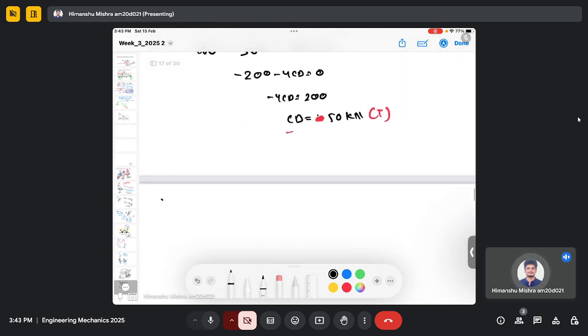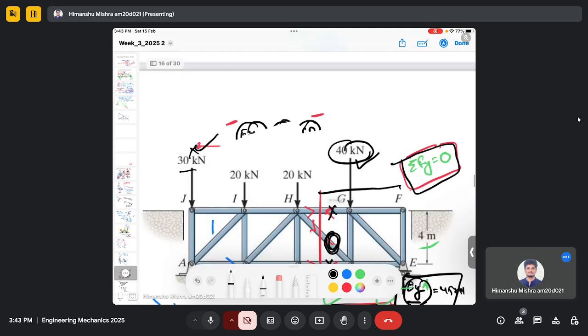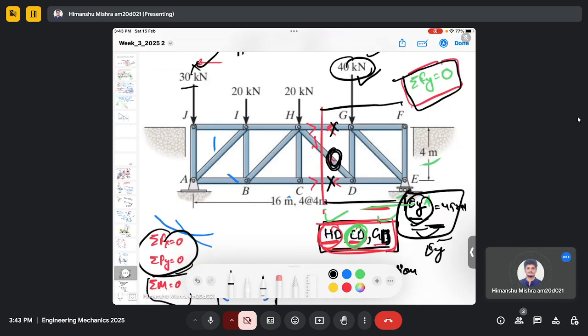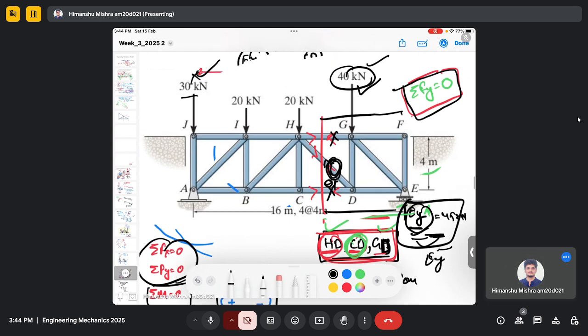So if the summation of force in the y direction should equal 0, then I have minus 40 plus EY, which is 45, then this force, let's say this is my theta, and this should be 45, right?